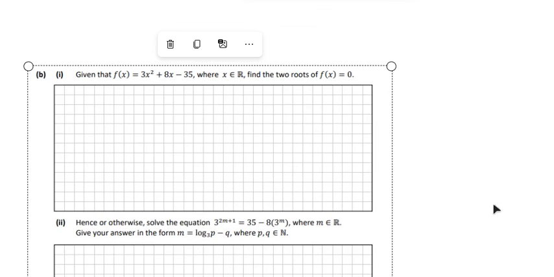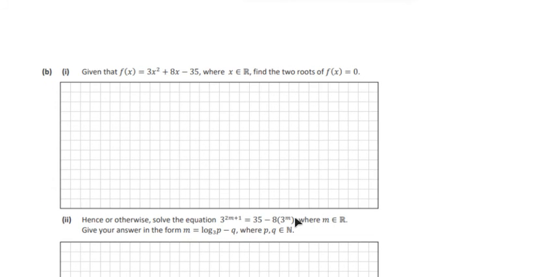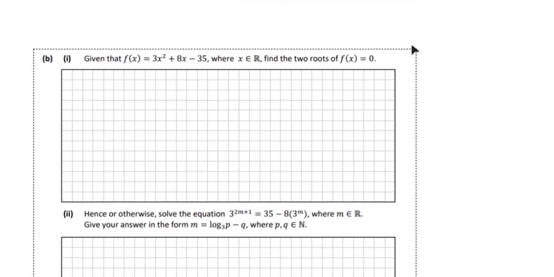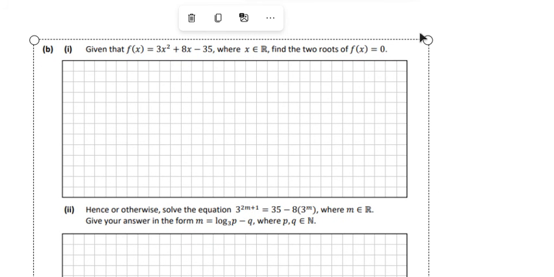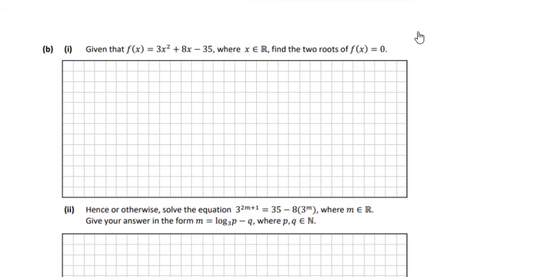Right, part B then. We're given just a quadratic, and we need to factorize it first of all. For the first part, so 3x squared plus 8x minus 35, and it's when f of x is equal to 0. Now there's a few different ways of factorizing a quadratic like this when you've got a number in front of the x squared.